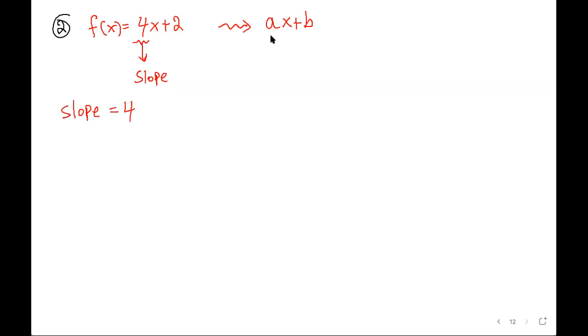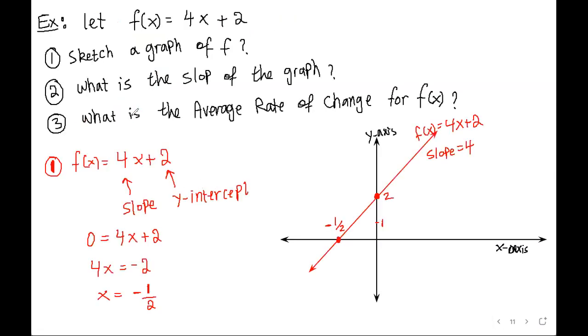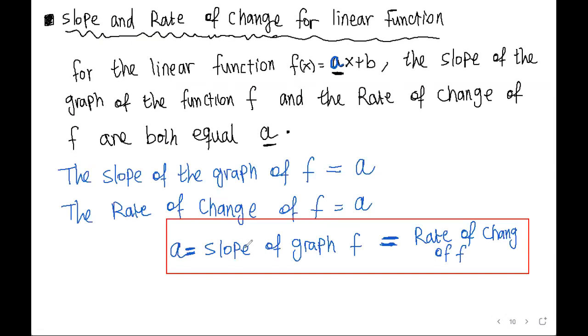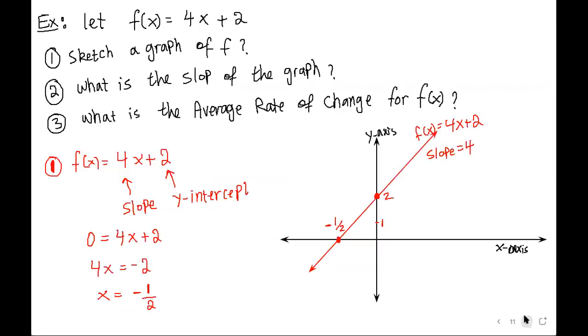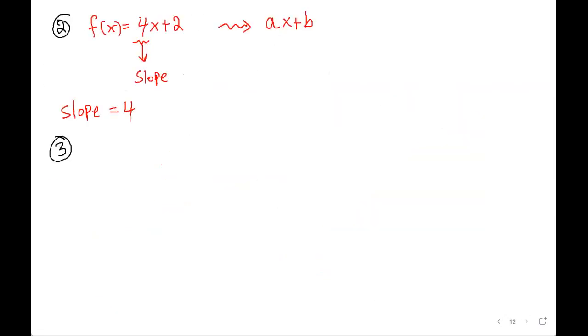Now for part number 3. What is the average rate of change for f of x? Like I said here, a equals the slope of the graph and equals the rate of change of the function. So the average rate of change equals the slope.